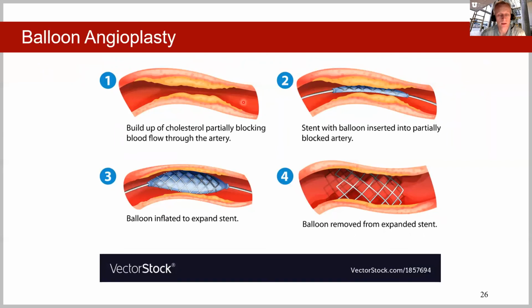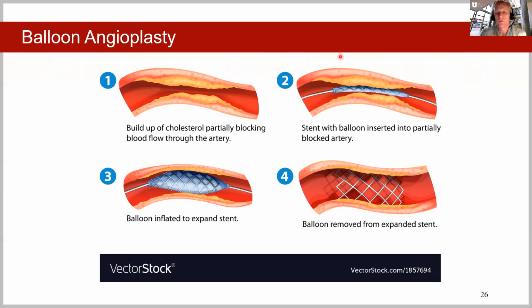So in order to treat this, and I should say this disease phenomenon occurs throughout the body, not just in the heart, including in some of the blood vessels of the brain. But when this occurs, physicians will often take a catheter and introduce it into your circulatory system at, for example, your femoral artery in your leg, and then they're able to direct it up into the heart or into your brain or whatever they need to do.